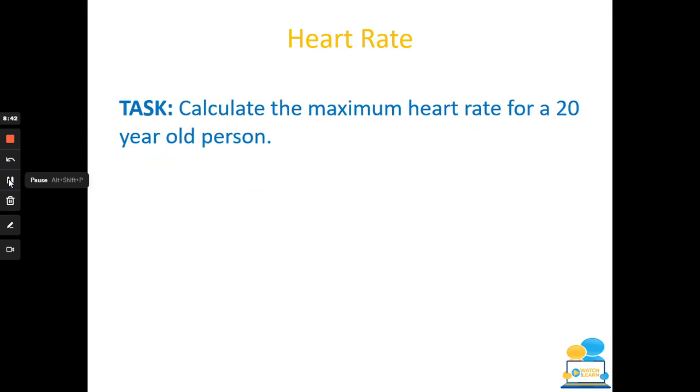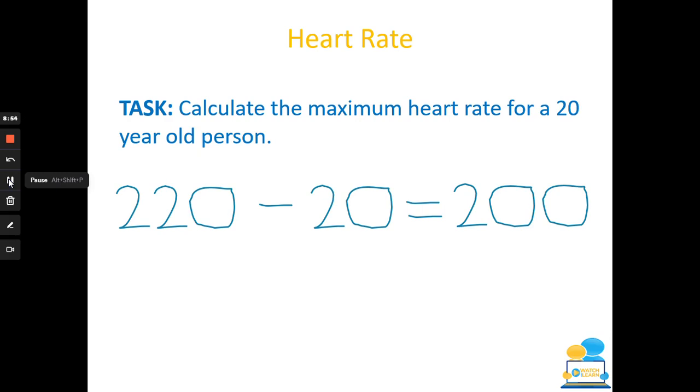Okay. So here we have the calculation for maximum heart rate for a 20-year-old person. We have 220 minus the age, which is 20, which is equal to 200 beats per minute. When we're talking about heart rate, it's often measured in beats per minute.